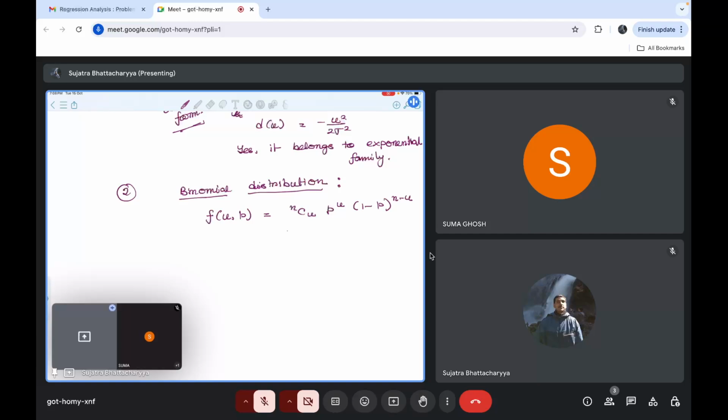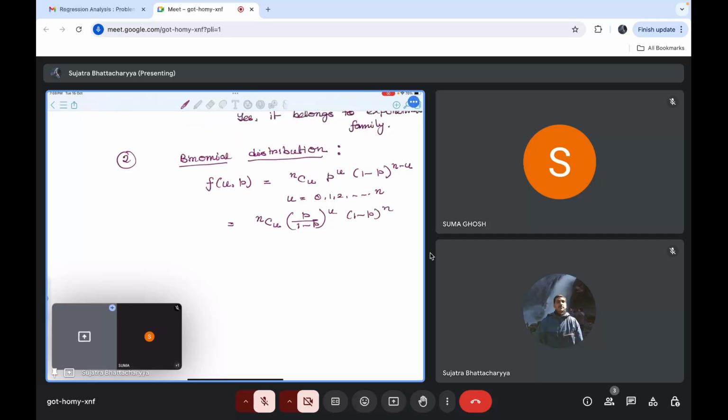N is the total number of observations and u is 0, 1, 2 up to n. We can further write this as nCu, p upon 1 minus p to the power u, into 1 minus p to the power n.